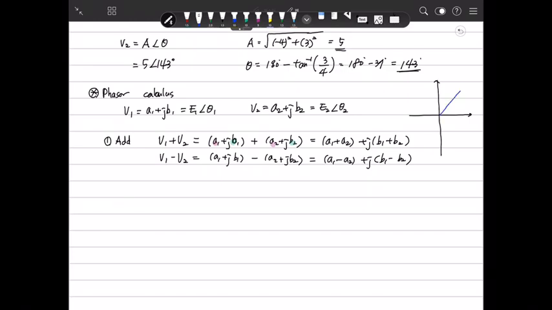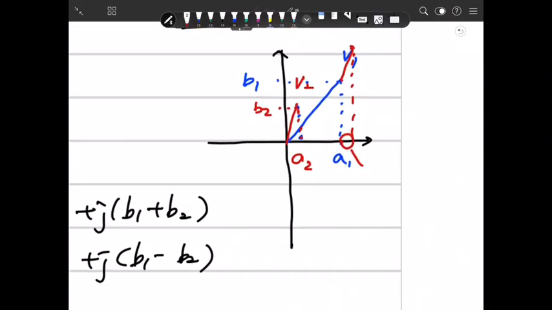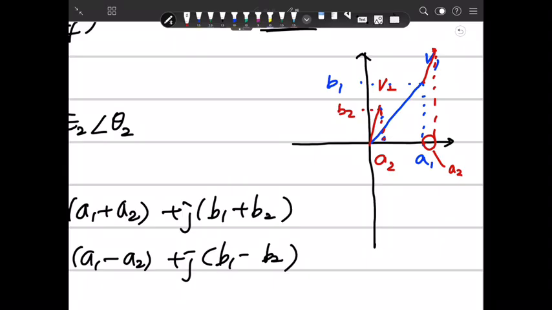This is V1 and this is V2. V1 has components A1 and B1, and V2 has components A2 and B2. Adding V1 and V2, we place V2 at the end of V1.